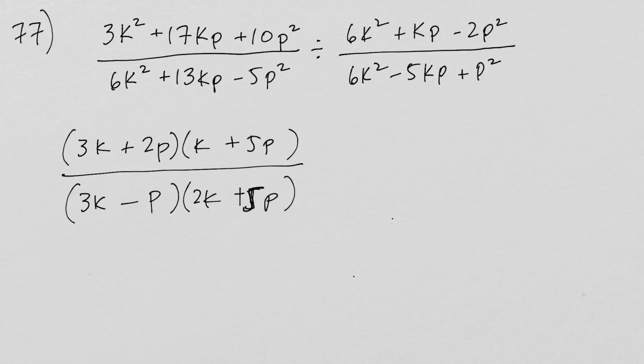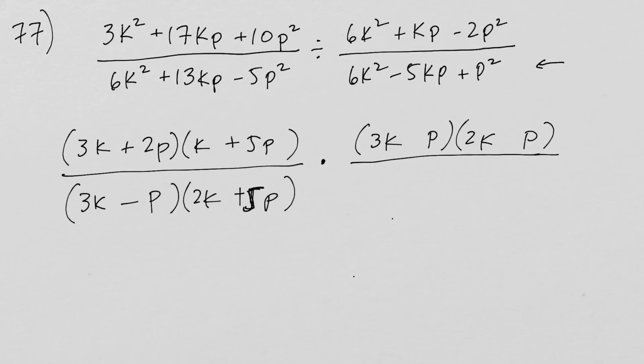Okay, I'm going to change this to a multiplication, and this is now going to go on top. So I have 3k and 2k, and I have p and p. So I'll do negative and negative. That's a negative 3 and a negative 2 add up to my negative 5.